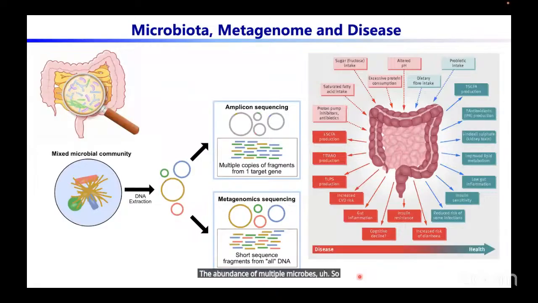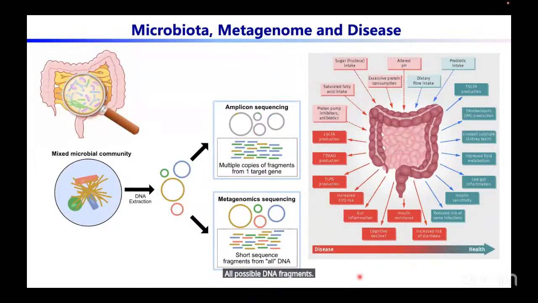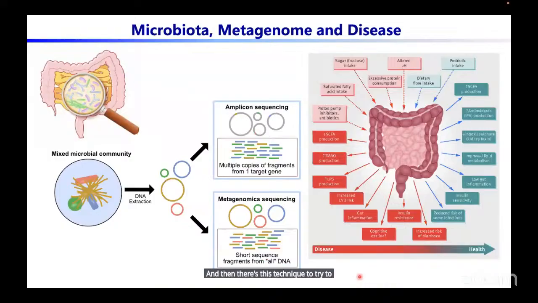For this complicated measurement, the technology applied is the metagenomics approach. Essentially, we simply extract all possible DNA fragments from the stool samples. So it contains the DNA of many microbes. And then there's a technique to figure out which microbe a particular fragment comes from.